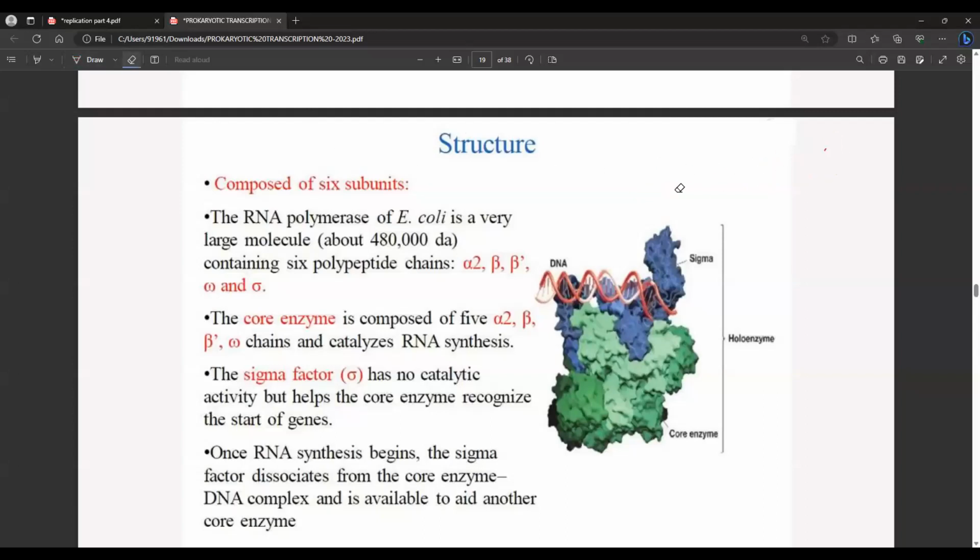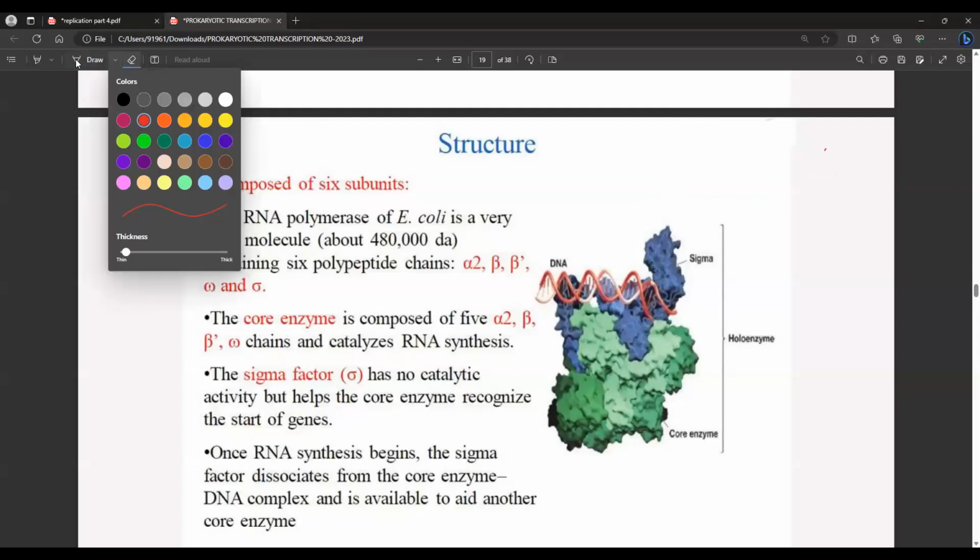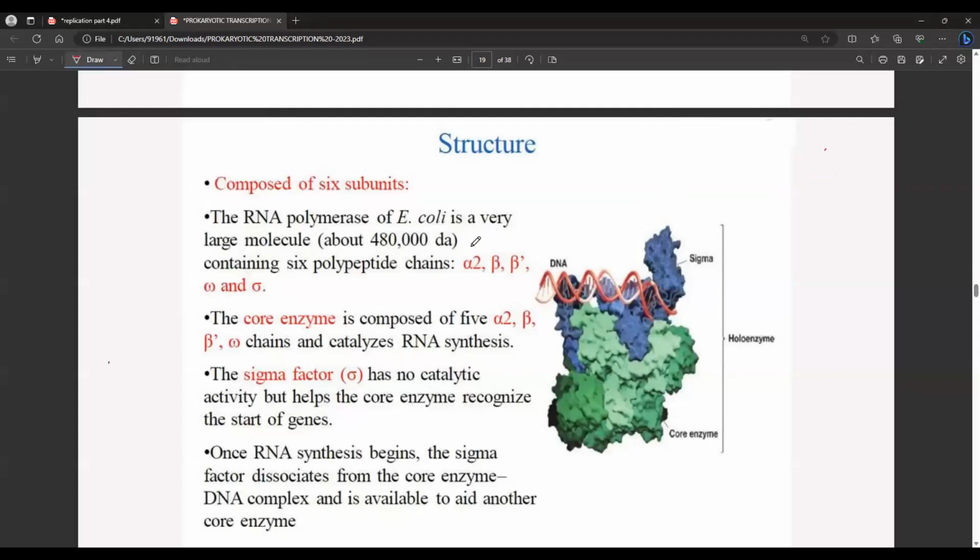Similarly, friends, how many subunits are present in the RNA polymerase enzyme? I am talking about only prokaryotic RNA polymerase, friends. I am not talking about eukaryotic RNA polymerase. It generally consists of 6 subunits. No, it's not 5.